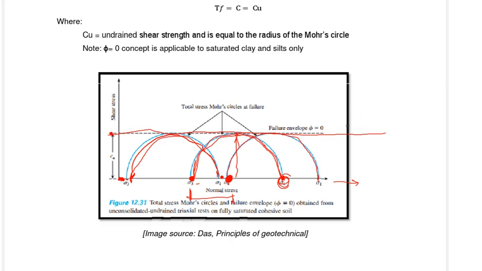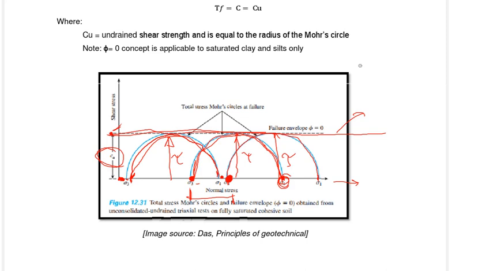And our shear stress will now intersect at CU. So, this is our second test. This is our tau that represents our shear stress. We also have shear stress here. So, they all intersect at a value of CU on our failure plane.